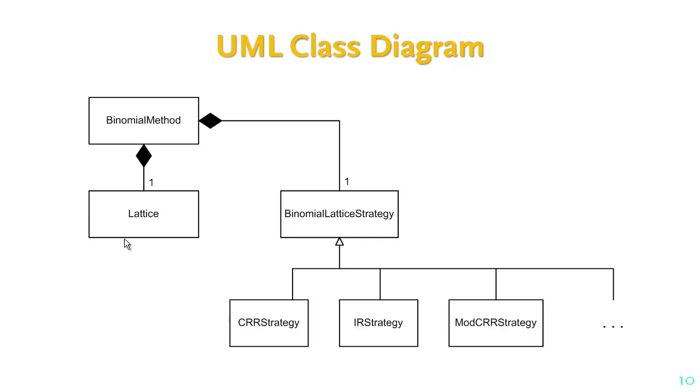It's got a pointer or a reference to a strategy here. Strategies can be for calculating up and down and the probability. You've got the CRR strategy. There should be a JR strategy, the Jarrow-Rudd strategy, and a modified CRR, etc. I've got lots of examples.